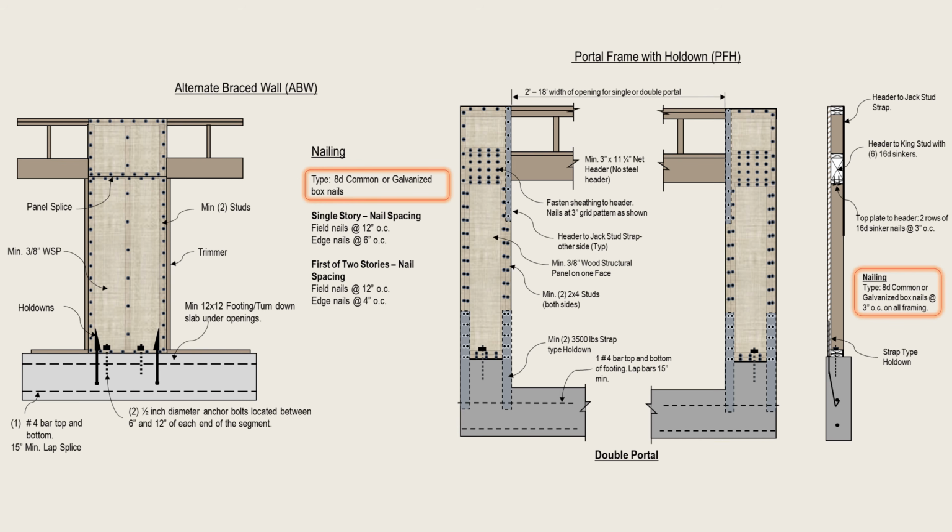Additionally, the code also allows galvanized box nails in lieu of common nails for continuously sheathed portal frames in the same code section. Let us now look at an example to illustrate the differences in design strength between 8-penny common nails and 8-penny box and sinker nails.